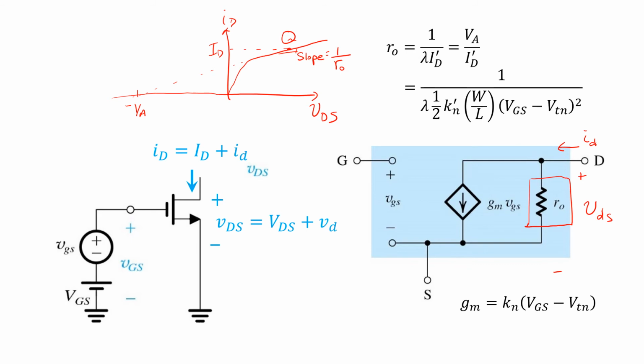Now, we use the prime in this notation to remind us that we are using the simple square law to calculate the drain current in this expression, rather than the more complicated expression that includes channel length modulation. This is a sort of second order effect anyway. The expression is shown here for RO. So again, this is 1 over the slope of that ID versus VDS curve.